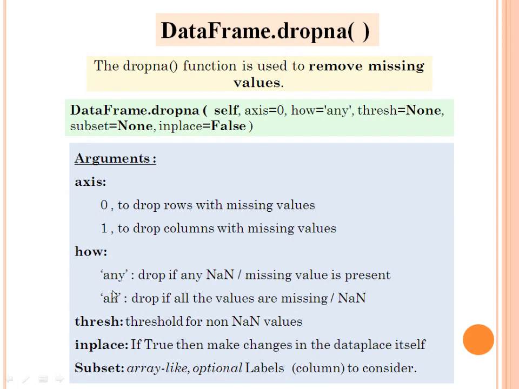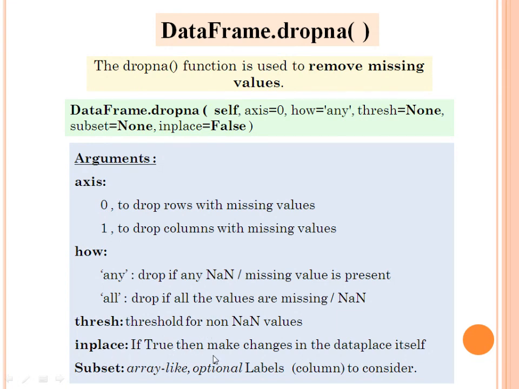The how parameter contains two values, any and all. Any represents any one value, and all represents all the values, and any and all tell us about NaN values specifically. Then thresh will tell us about the non-NaN values.